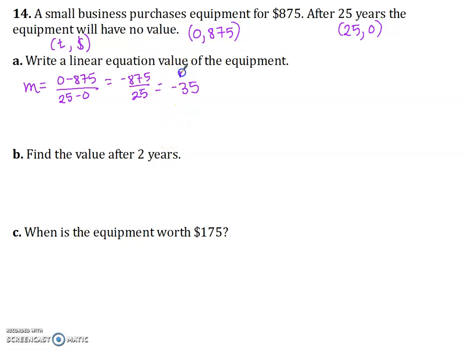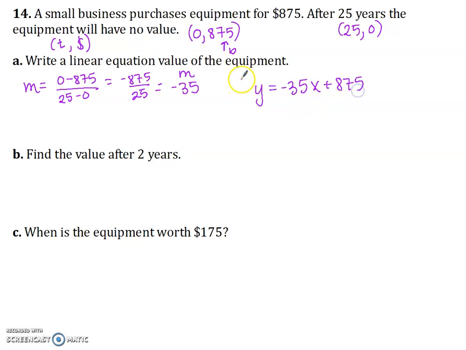Now I know my slope, so from there, I can go to point-slope form and then slope-intercept form. But if I look here, this is the y-intercept. Remember, the y-intercept is anywhere x is 0. So on this one, I can go straight to slope-intercept form.